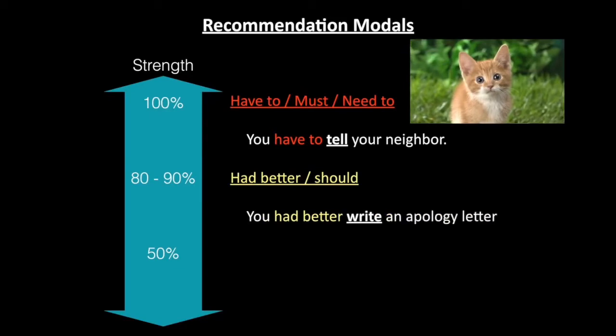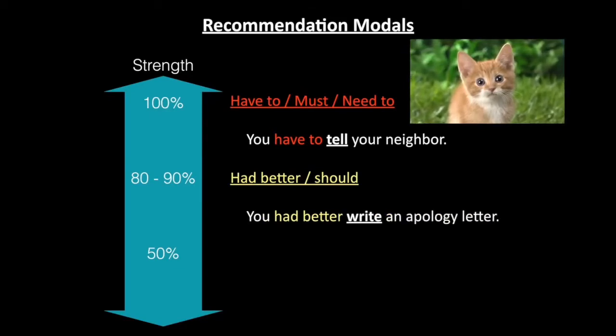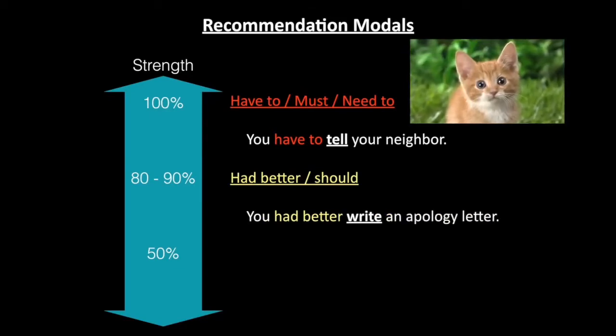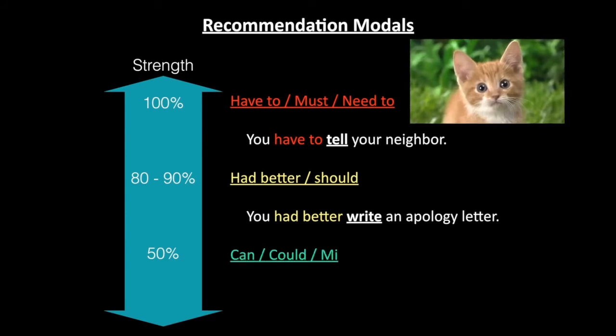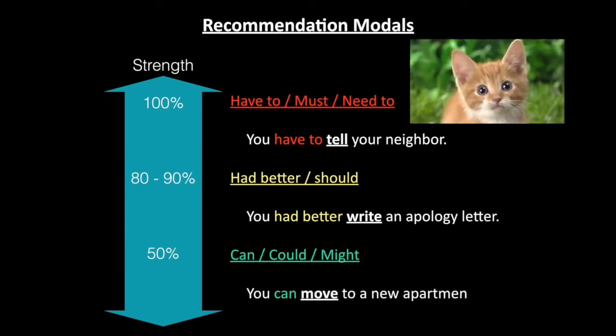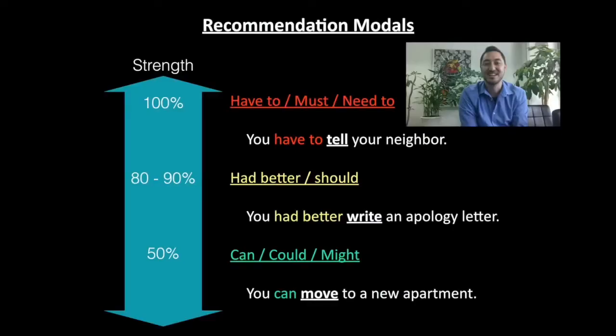And if the speaker just wants to give a slight recommendation or just offer a choice, they can use can, could, or might. Keep in mind that after any of these modals, you're going to use a verb directly afterwards. So in the example that I had given you, you have to tell your neighbor. After have to, there's going to be a base verb afterwards.